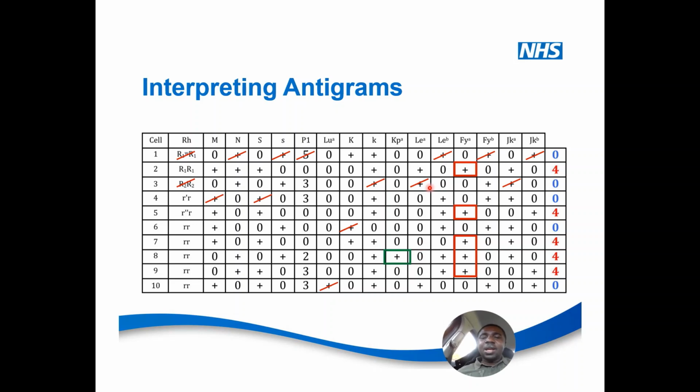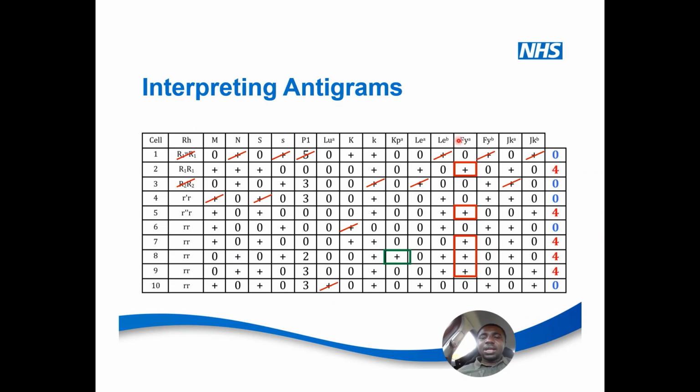Anyway, we'll go over to the LUB. LUB is positive on cell number 1, negative on cell number 1 of the patient, you cancel. And we already know that this antibody is Duffy A because of the pattern, 0, 0, plus, 0, 0, 0, 0, plus, 0, 0, plus, 0, 0.